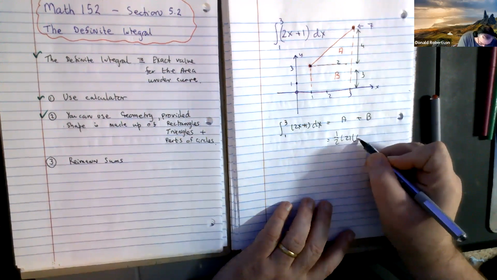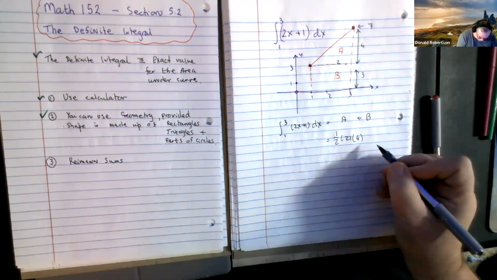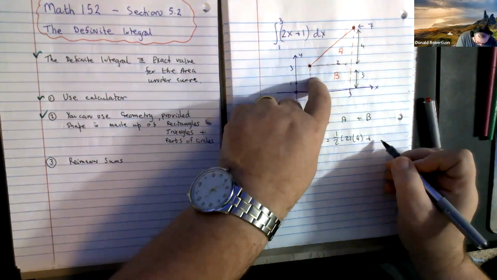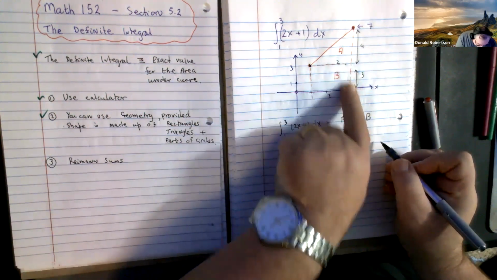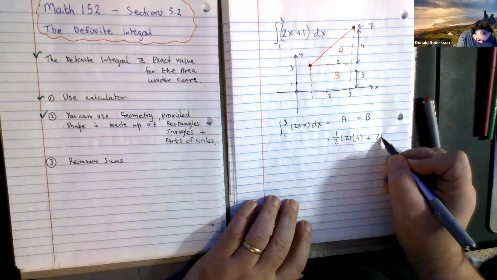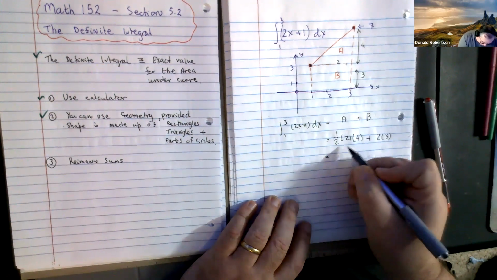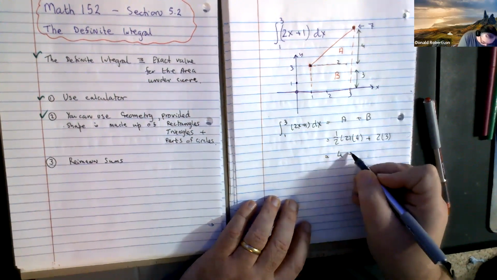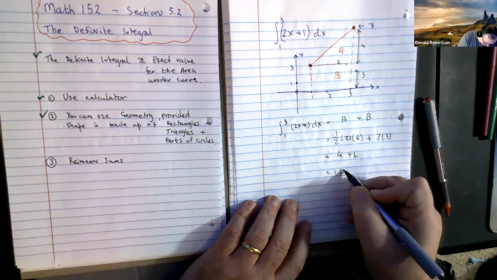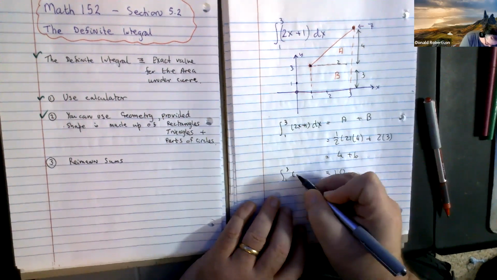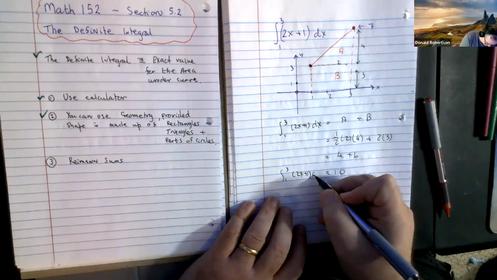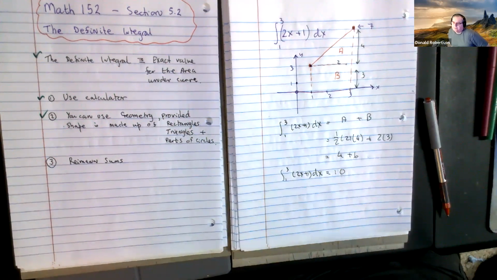So it's a half, 2 times 4. And then a 2 by 3 for the bottom one. So that's 4 plus 6. Pretty straightforward.